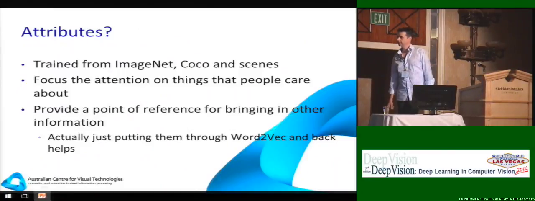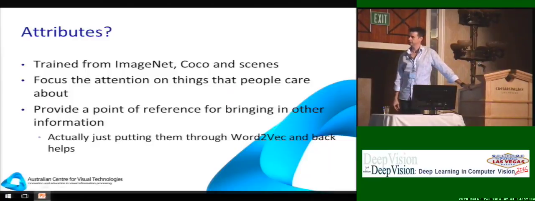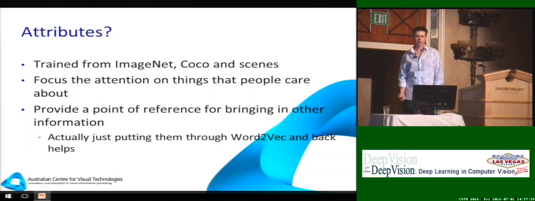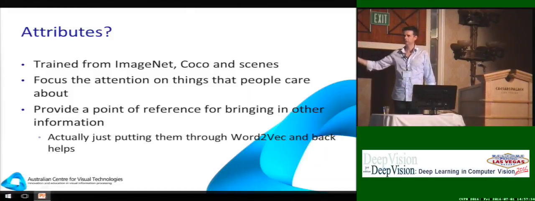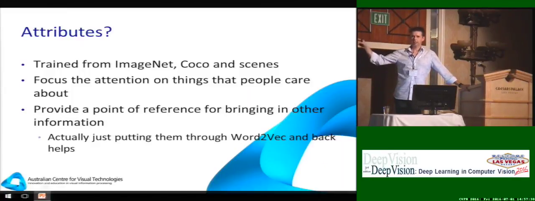We particularly scraped them out of ImageNet, COCO, and the scenes information, but we've been trying to go a bit further abroad as well. And they focus the attention of the RNN on things that people care about. So it's an external source of information, even if you just think about the ImageNet process. The people who created ImageNet have gone to a great deal of trouble to associate that set of images with that set of nouns.